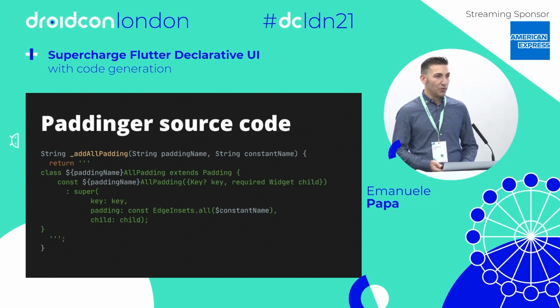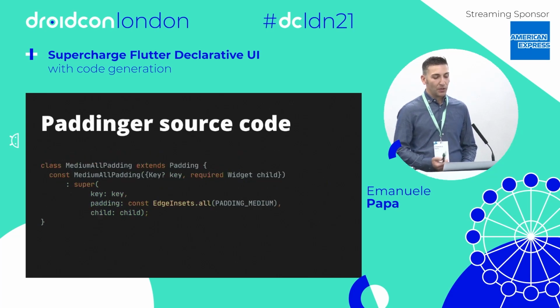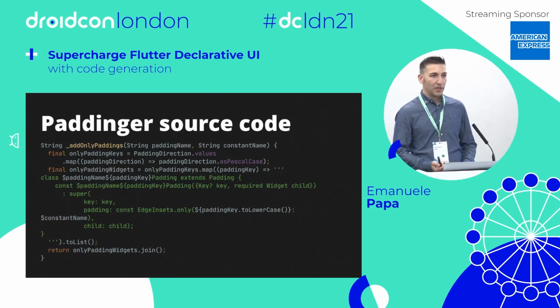So in our example, when we run this source code for padding medium, what we get is medium all padding. And this widget is already ready to be used by us. Another example is add only paddings. Here, now, we need to create 4 different widgets because we have 4 only directions that can be created with edge insets.